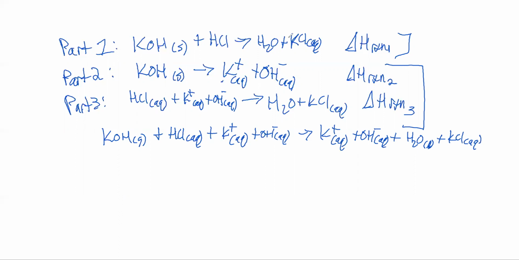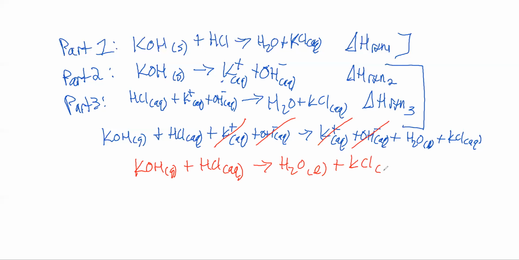We can remove the stuff that's spectators, so those two go away. And our reaction looks a lot like what we have up here in part 1. We have KOH as a solid plus HCl aqueous going to our water as a liquid plus KCl aqueous.